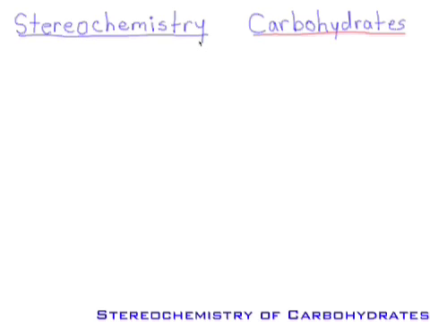Now, all monosaccharides have chiral centers except dihydroxyacetone, or as we named it last day, 1,3-dihydroxy-2-propanone. All other carbohydrates contain at least one chiral center.